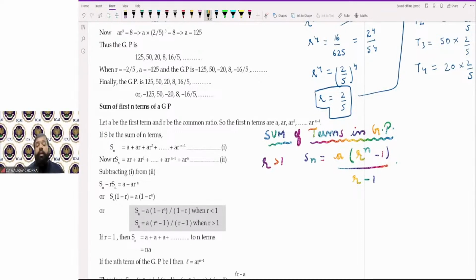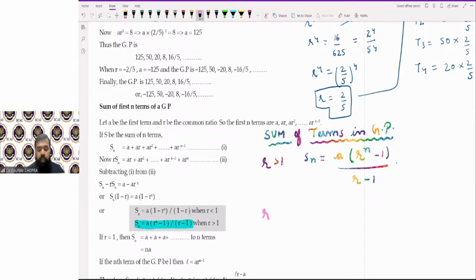This formula is applicable when R is greater than 1. The same formula is written here. Okay.